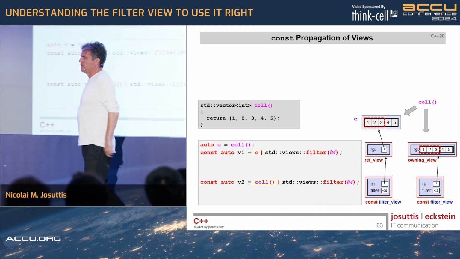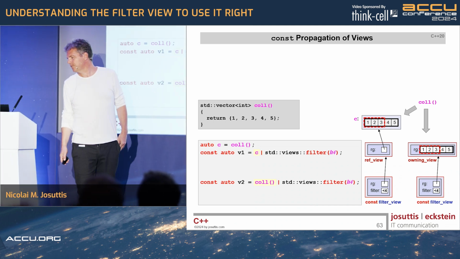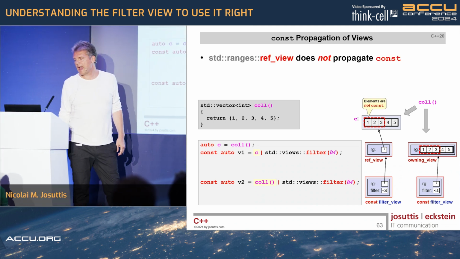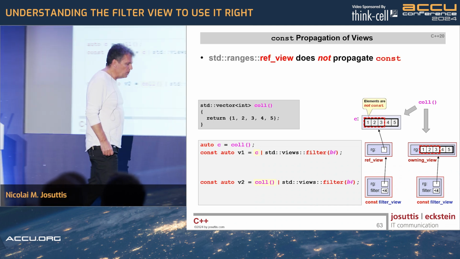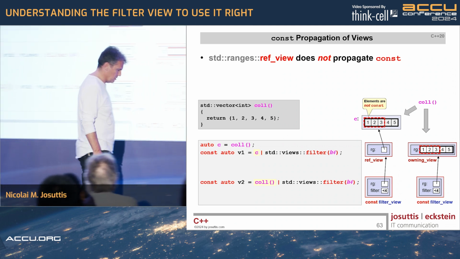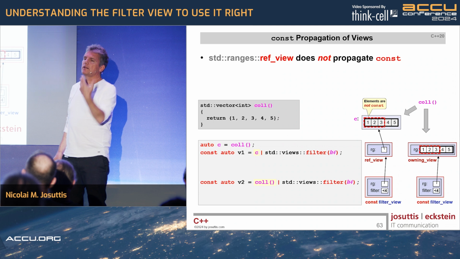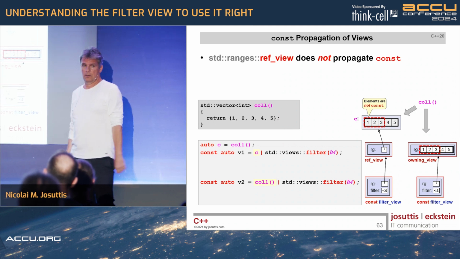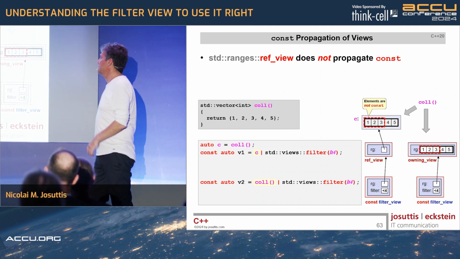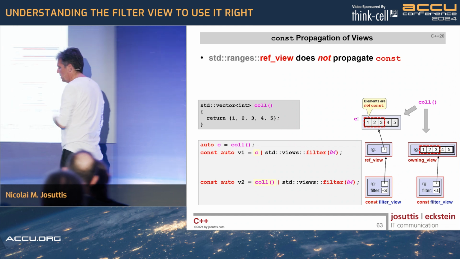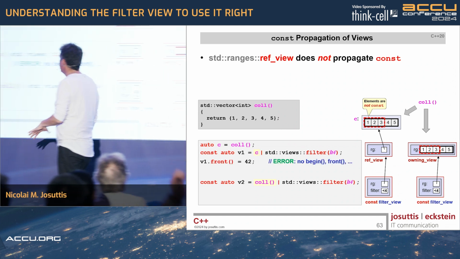So if you have a view that has a ref view, we do not propagate const. So if the view is const, the elements are still not const. This is not the case if we have an owning view.